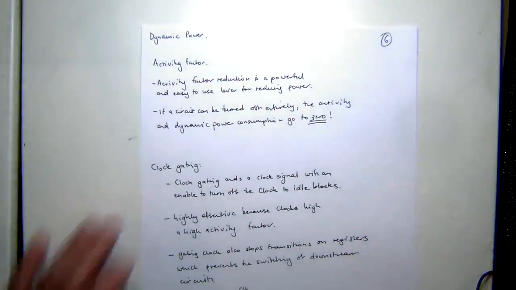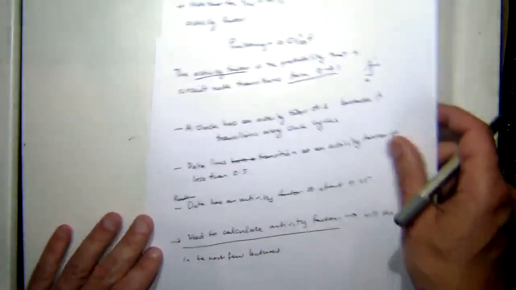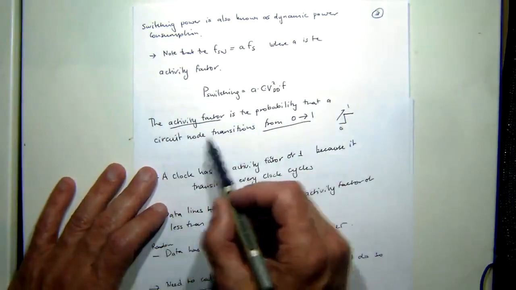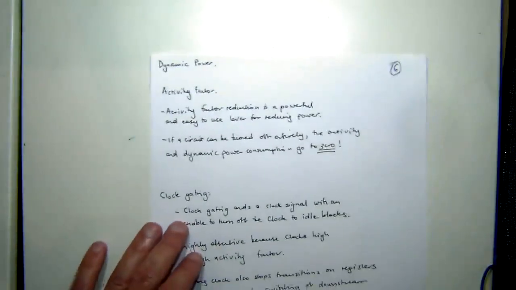All right, now let's go back to dynamic power consumption. What we did is we defined activity factor. If you remember, I talked a little bit about it: the activity factor is the probability that a circuit node transitions from 0 to 1.